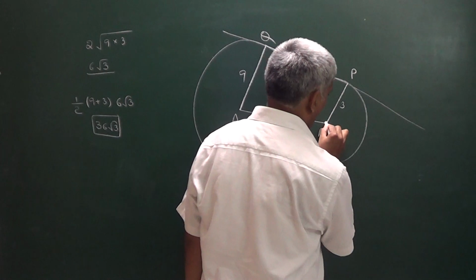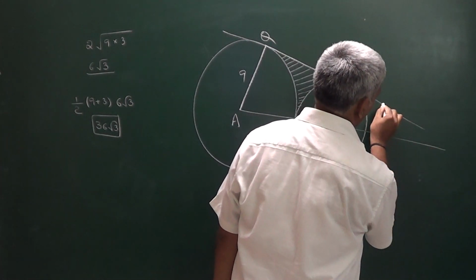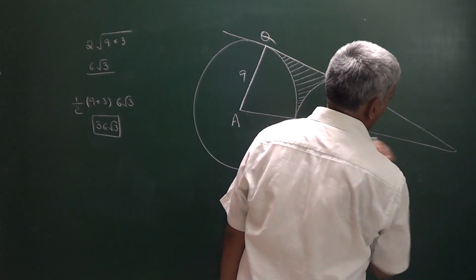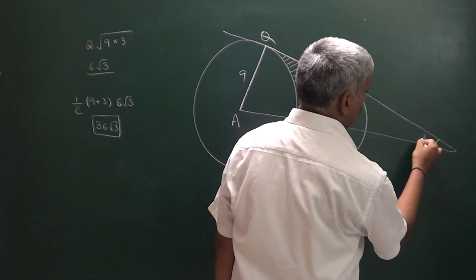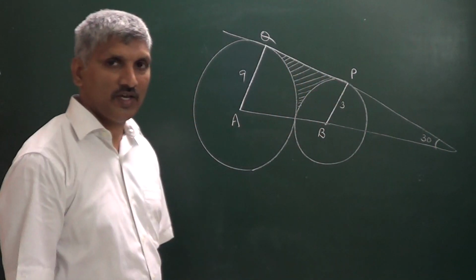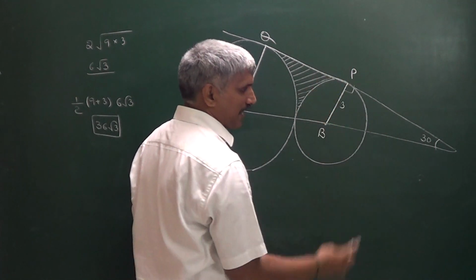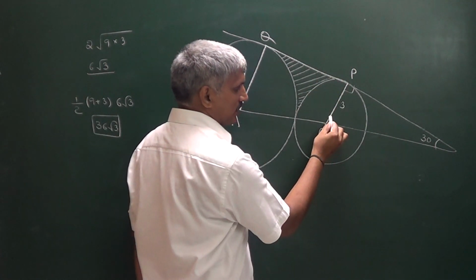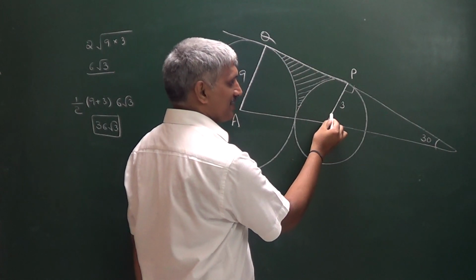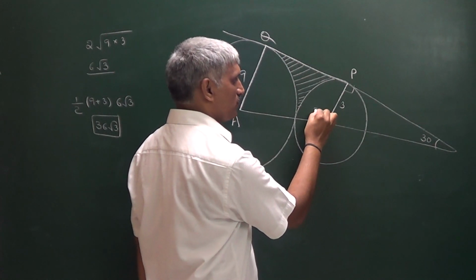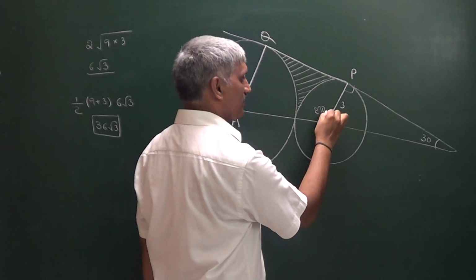Now observe here what I am doing. What about this angle? We know 30 degrees. If that is 30 degrees, this is a tangent and this is a normal, 90 degrees. So this angle is equal to 60. That's why this angle is equal to 2 pi by 3.